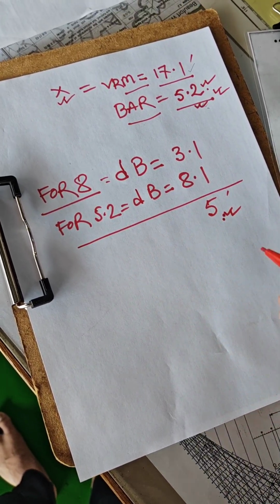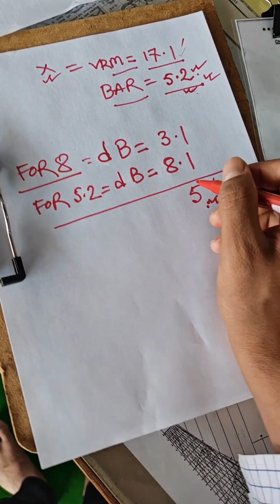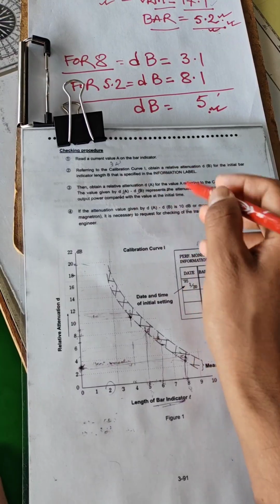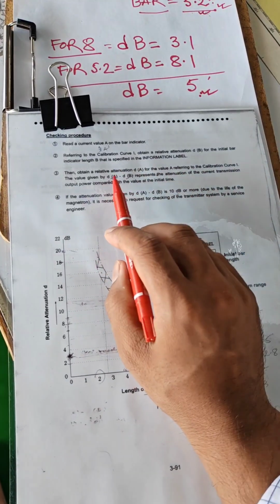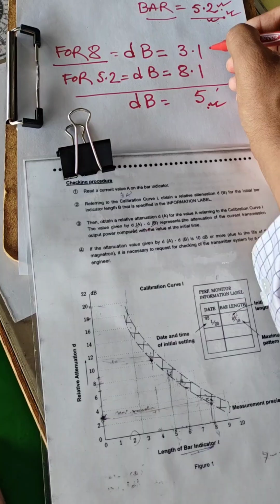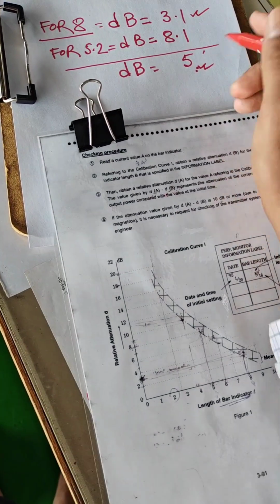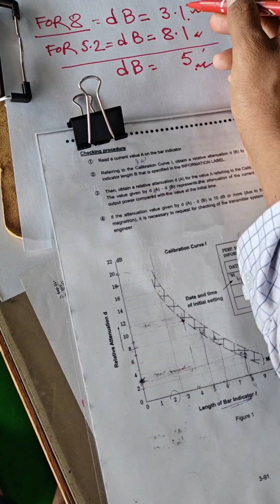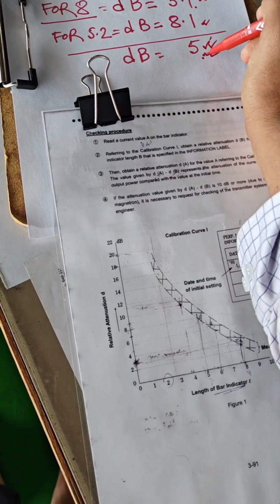So you already found one dB value. Here it is clearly written, you see the dA and dB values. This is one value, this is another value, and we have to find the difference of these two, and the difference is 5.